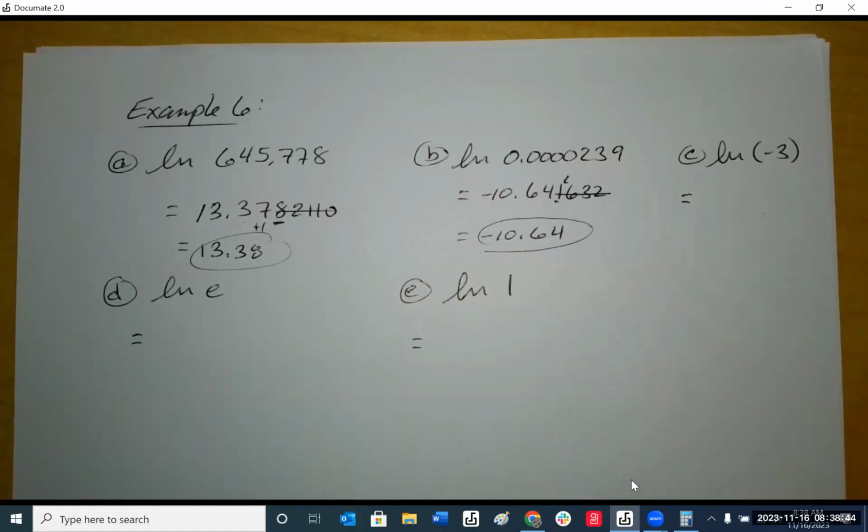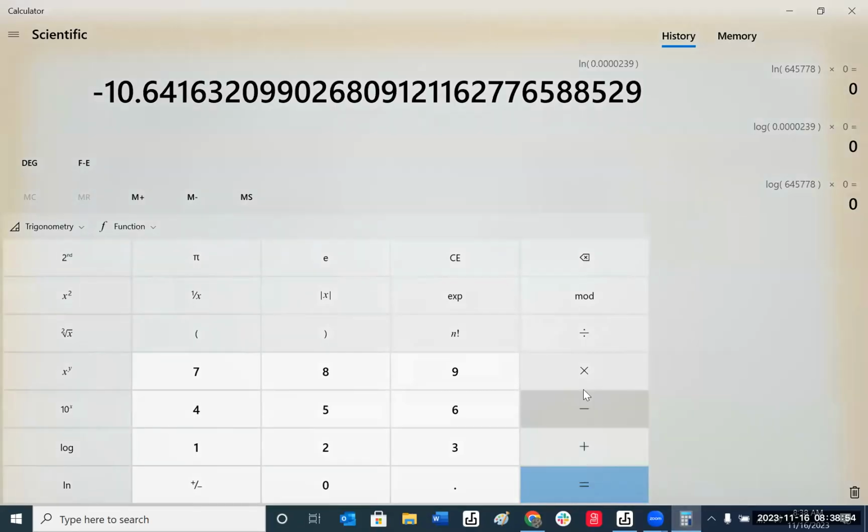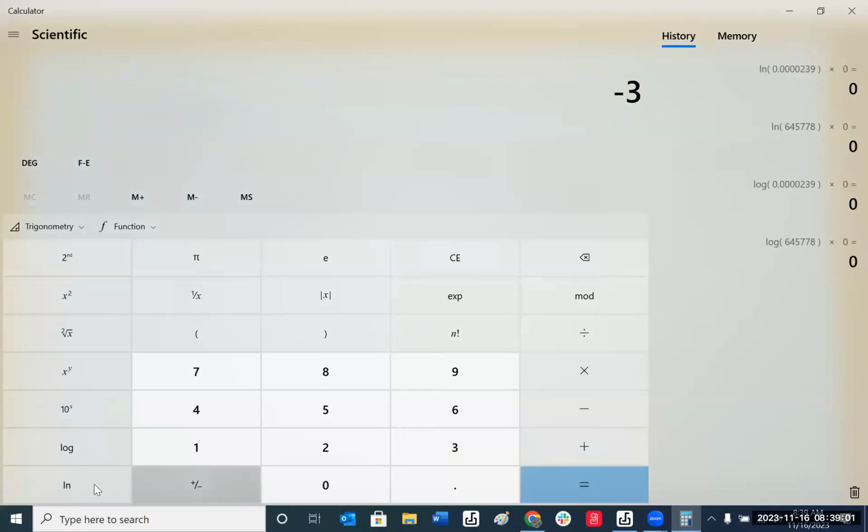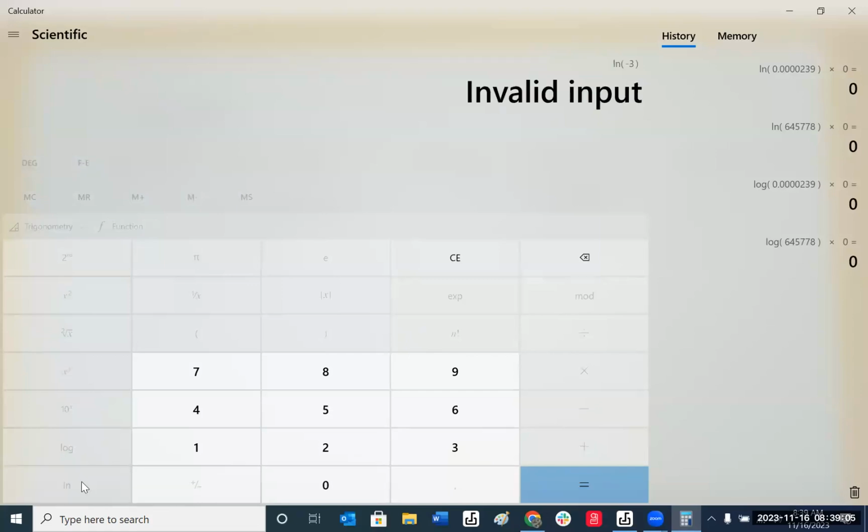C, the third one, ln of -3. So if we do ln of -3, we do a -3 and take the ln of it. What do you think is going to happen? Error.